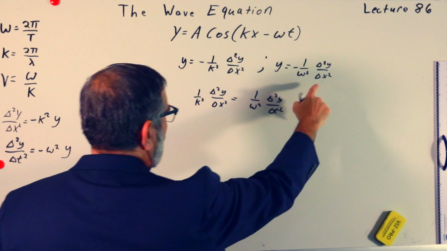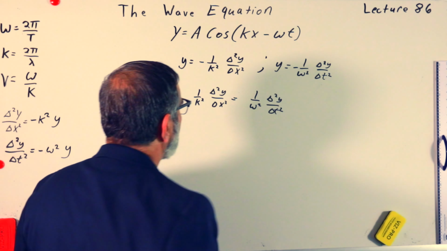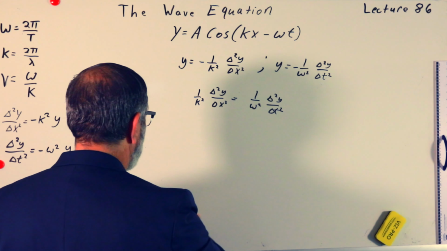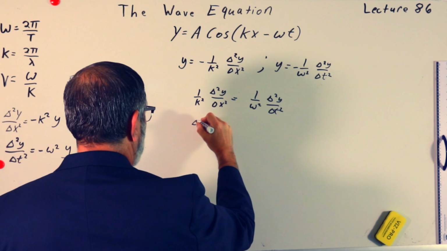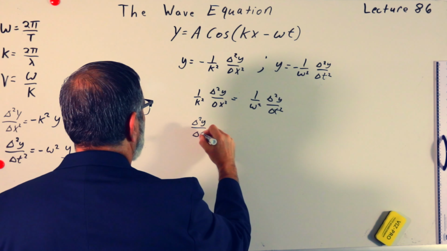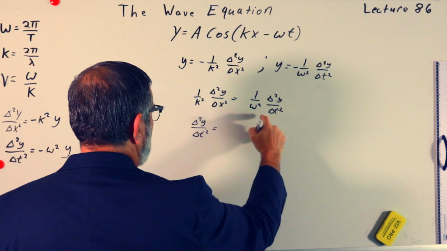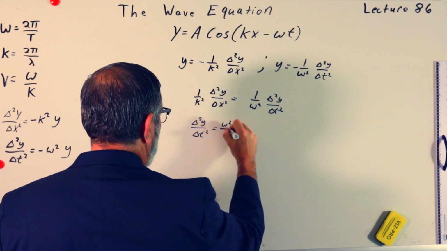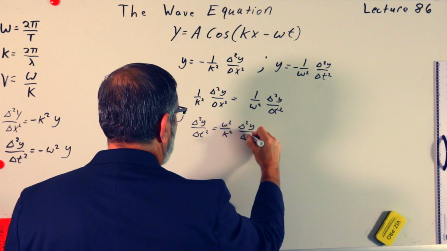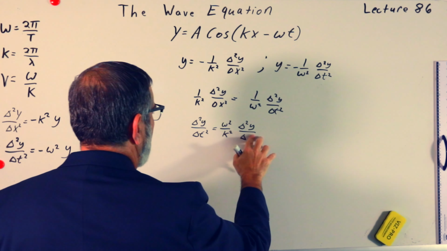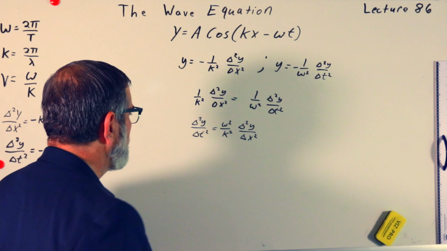Did I write it correctly here? No. Sorry. There. So I like to always write it as delta 2y over delta t squared is equal to, multiplying by omega squared, omega squared over k squared times delta 2y over delta x squared. Yes?